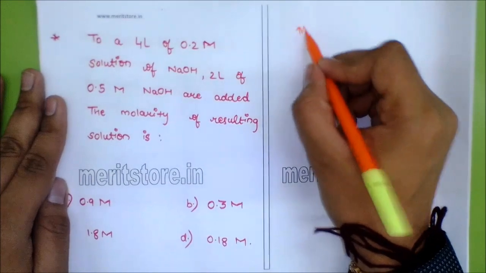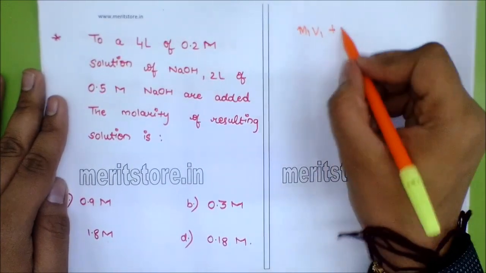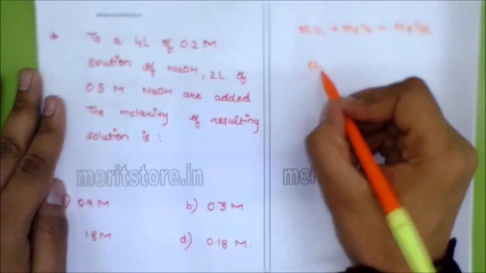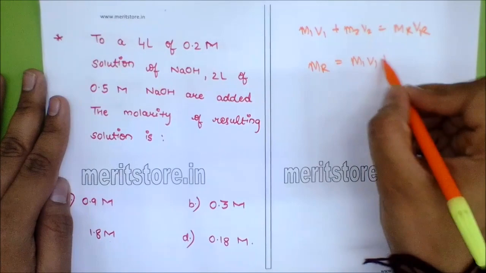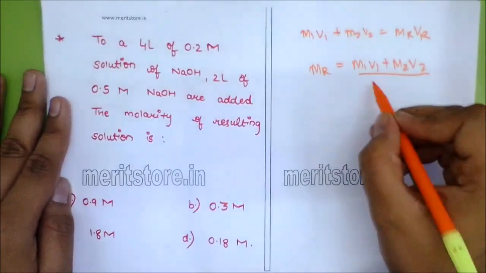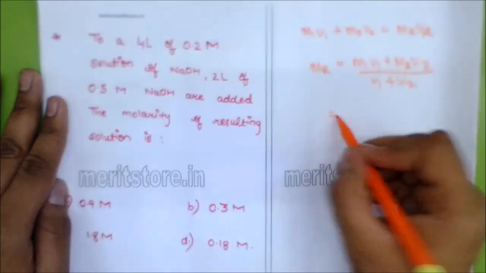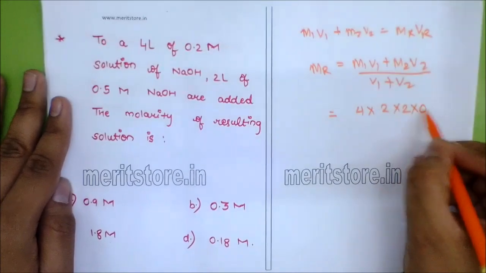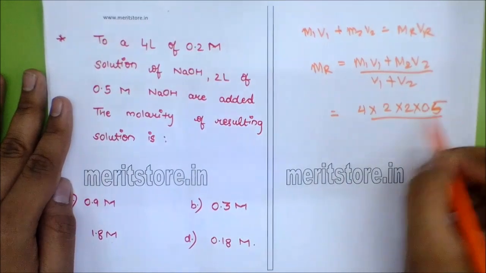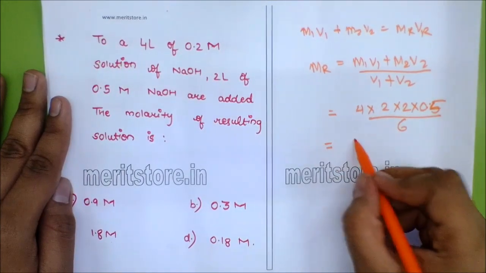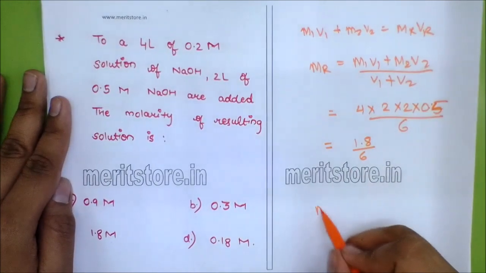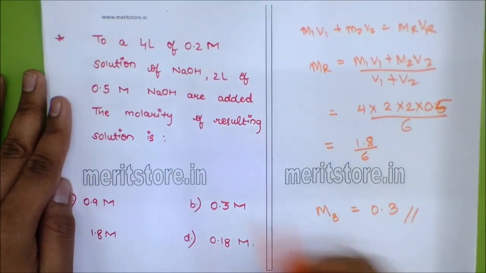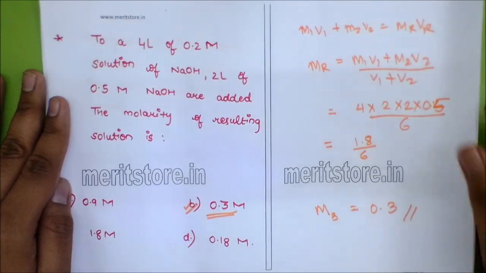So now we know M1V1 plus M2V2 is equal to MRVR, where MR is equal to M1V1 plus M2V2 upon V1 plus V2, which is equal to 4 into 0.2 plus 2 into 0.5 upon 6, which is equal to 1.8 upon 6. So value for MR is equal to 0.3. So option B, 0.3, is the correct answer.